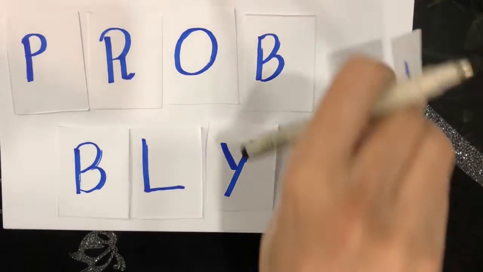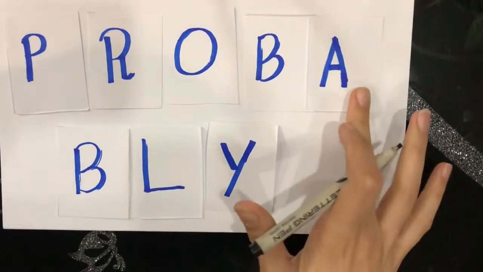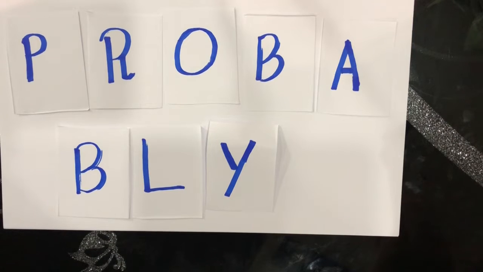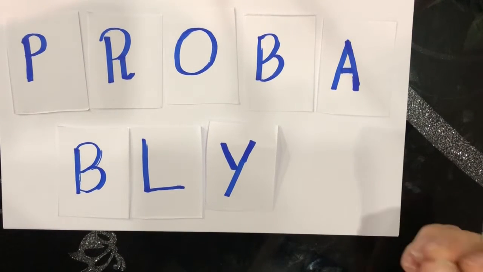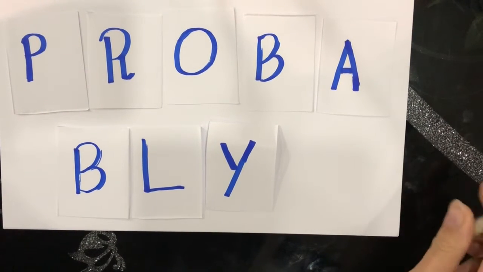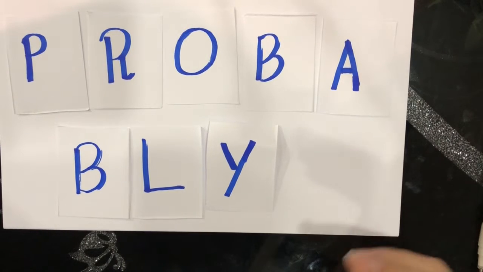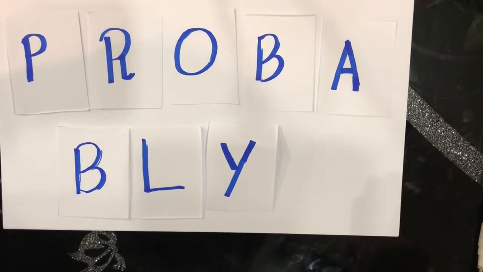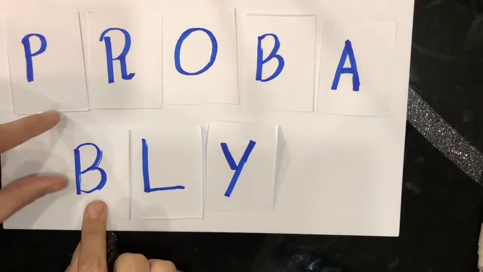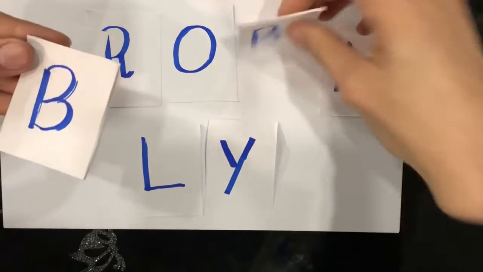So the probability of that happening is 1 out of 7. Now, if I put the A back and I am asking you to take a card at random, what is the probability that it will be the letter B? B, I have only 1, 2 B's.